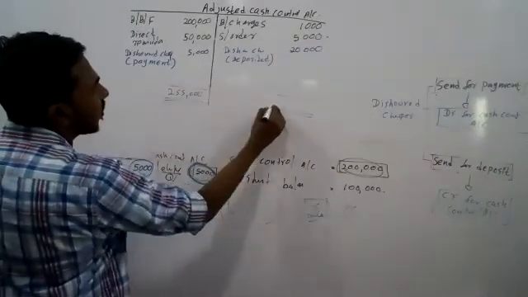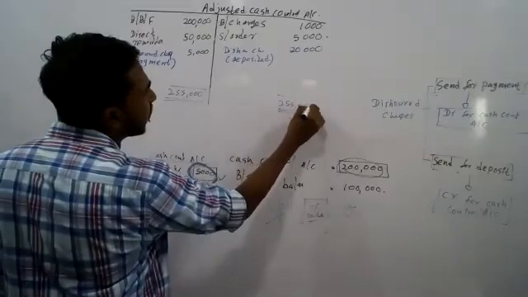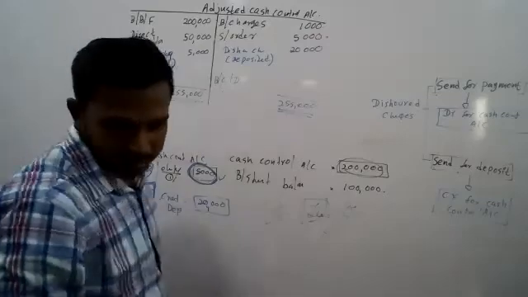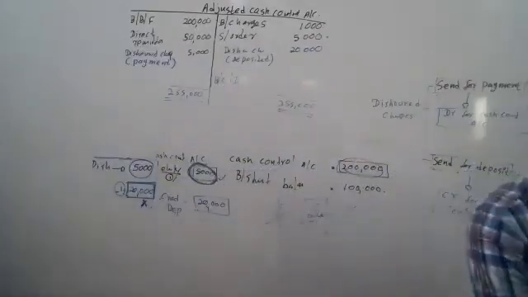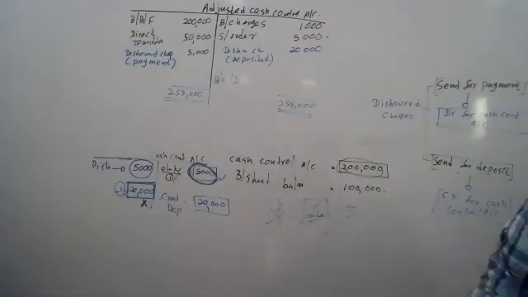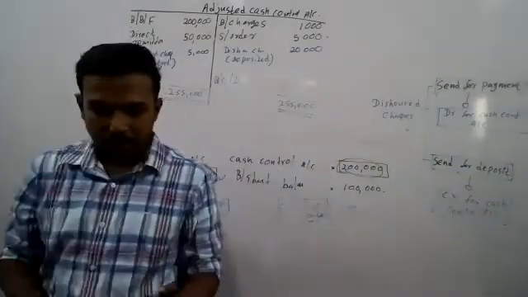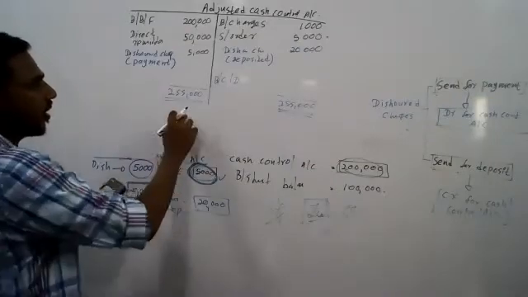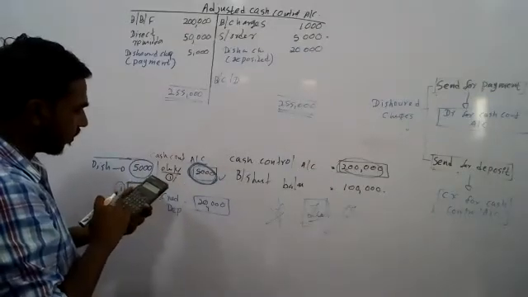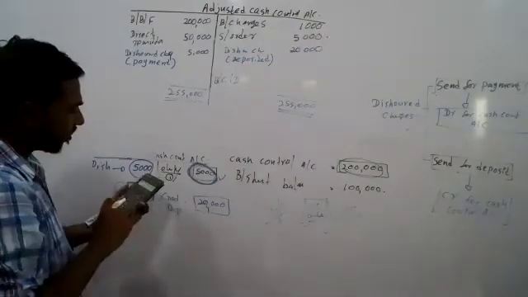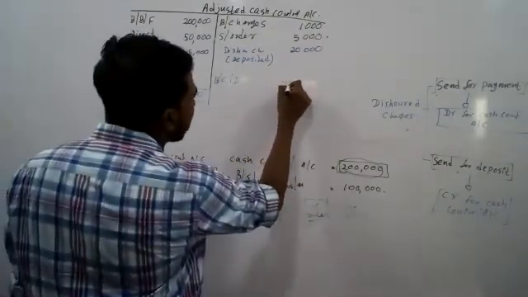255,000. Balance carried. Right? So take down this one, take down this and this also. Let's make up that form, minus 26,000, 229,000.